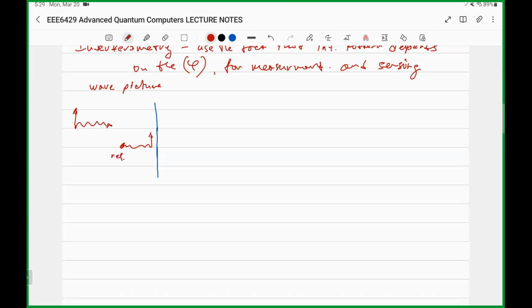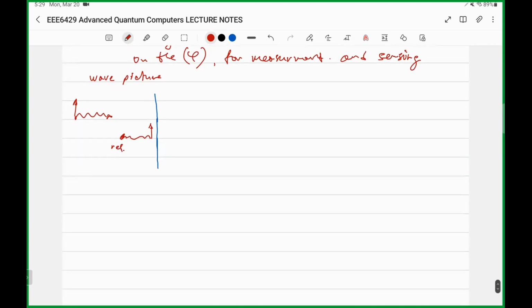And if this surface is not rigid, this wave can partially transmit through this surface to form the transmitted wave. So this is transmission wave.